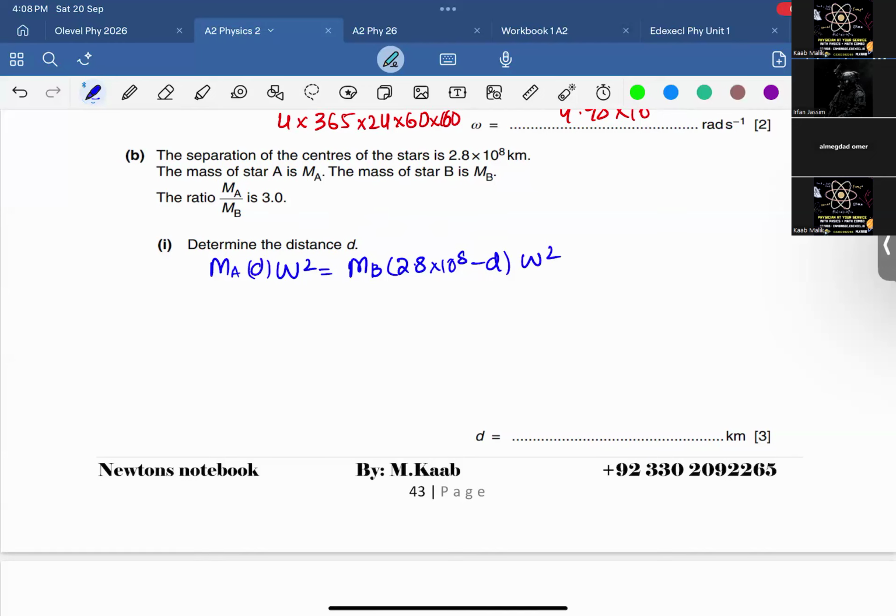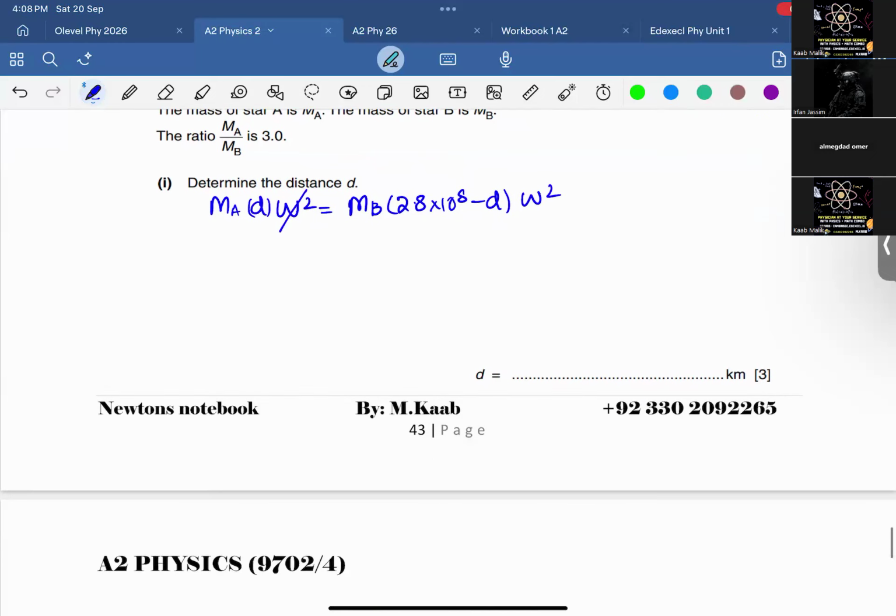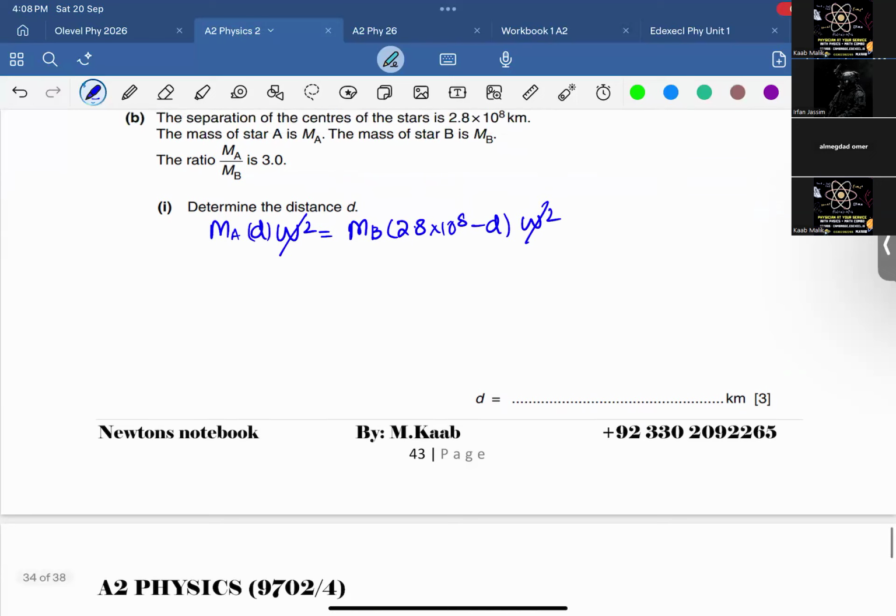And this is d, by the way. Omega is constant for both the planets, so that's why they never collide with each other. Otherwise, if the omegas were different, they would end up colliding with each other.